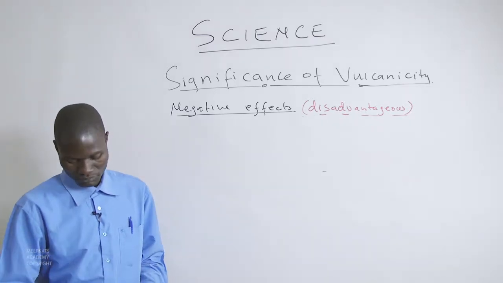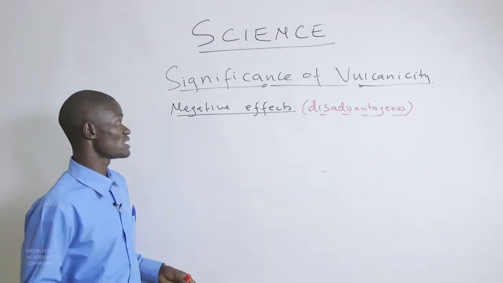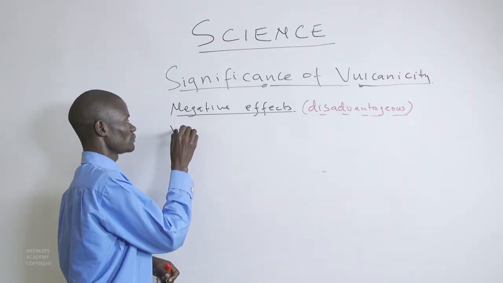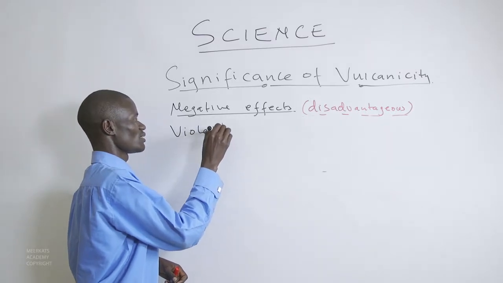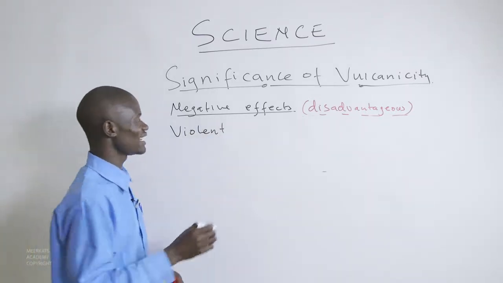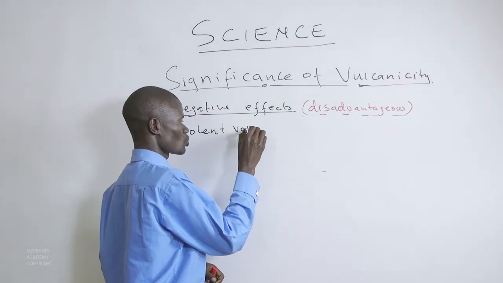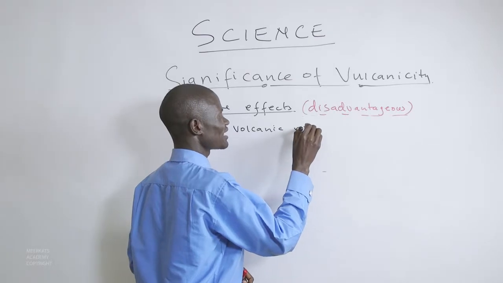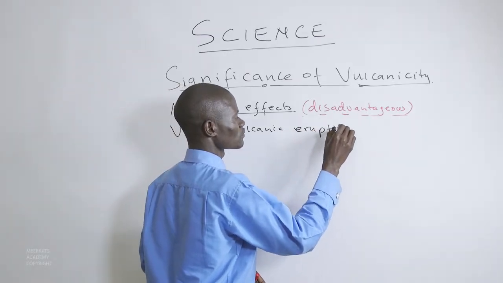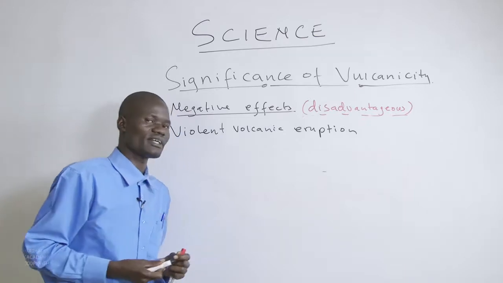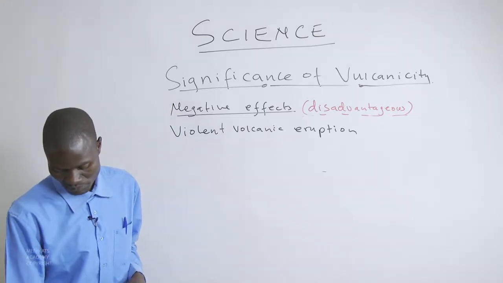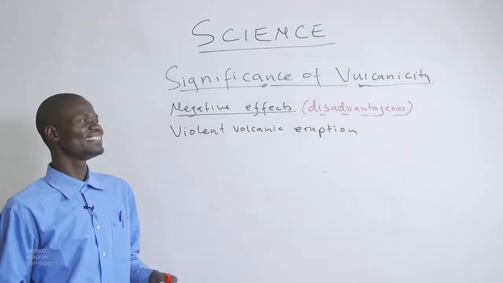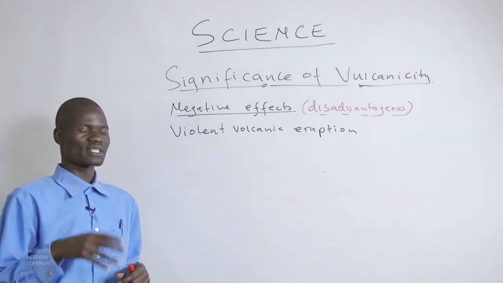For example, volcanic activities are violent. That one we understand. The violent volcanic activities or violent volcanic eruptions, like the Strombolian eruption, lead to bombarding of smoke into the atmosphere.